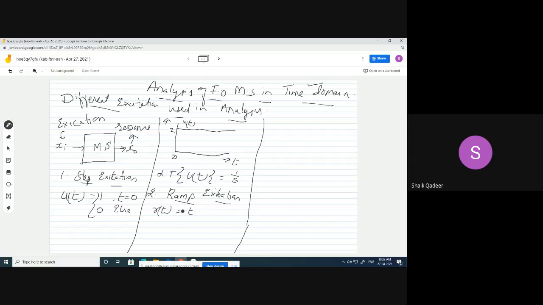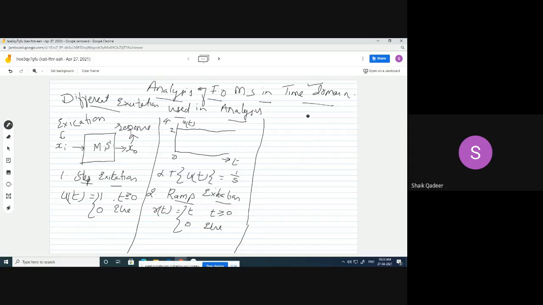For simplicity, I am writing t, where k is constant gain, for time t greater than or equal to 0, and 0 in else cases.